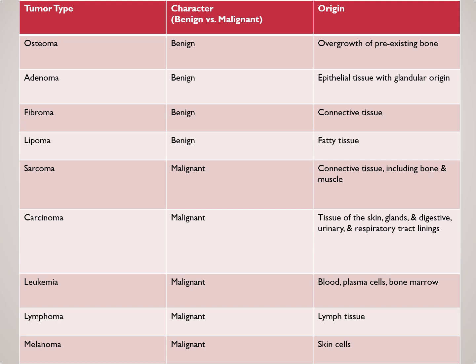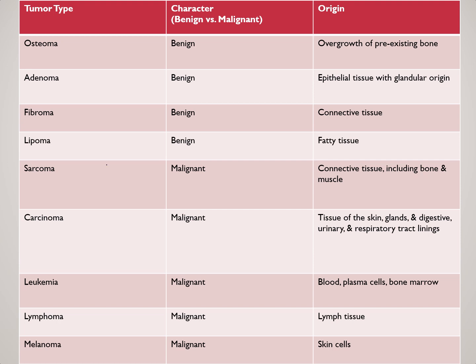A fibroma is a benign tumor type of the fibrous connective tissues. Think of connective tissues as fibers, very fibrous. A lipoma is a benign tumor type of the fatty tissue. Think liposuction.